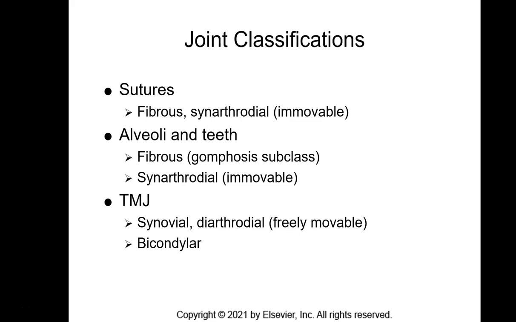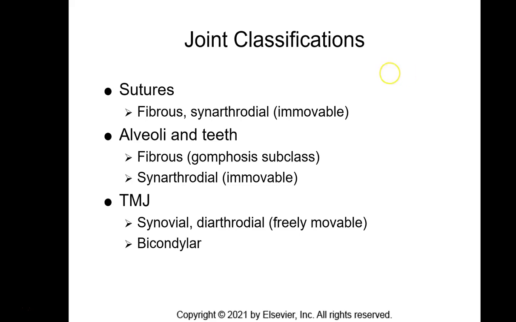These joints are described as synarthrodial and are from the fibrous gomphosis subclass. And I don't need you to know the subclass, just know that the teeth that sit within the maxilla and the mandible are synarthrodial. Specifically, we're talking about the joint between the roots of the teeth and the alveolar processes of the maxilla and the mandible.